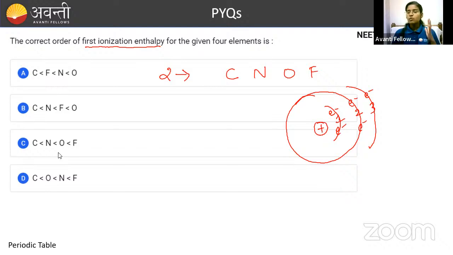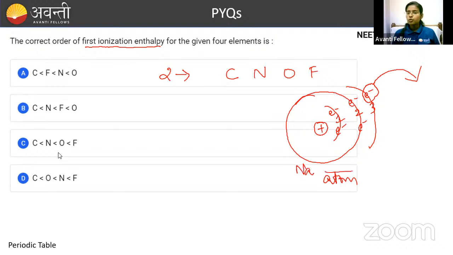Now I want to remove the outermost electron, the valence shell electron. To remove that electron, I have to give some energy, and only then will that electron come out from this atom. The energy required to remove this electron is called ionization enthalpy. Suppose this atom is sodium. Okay.